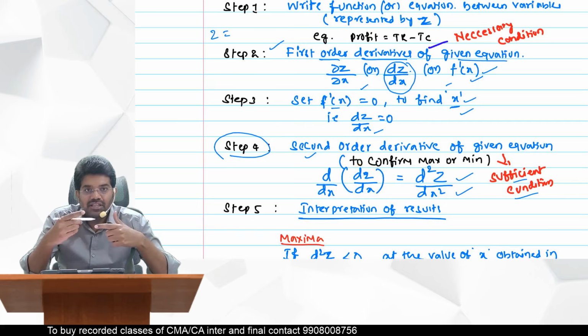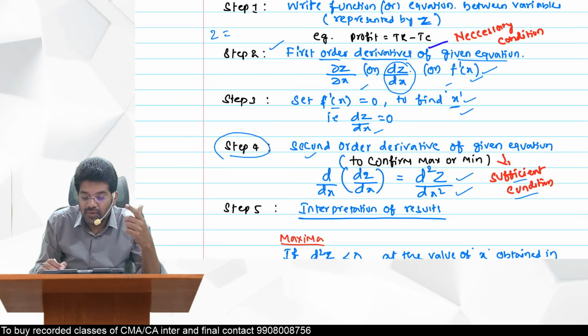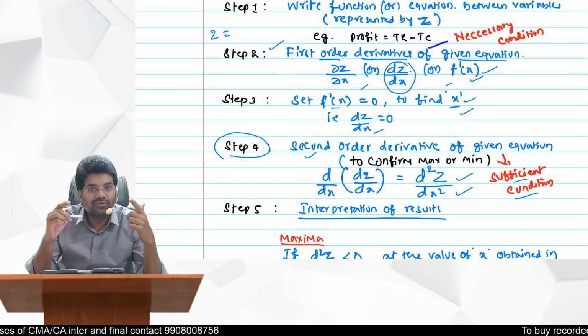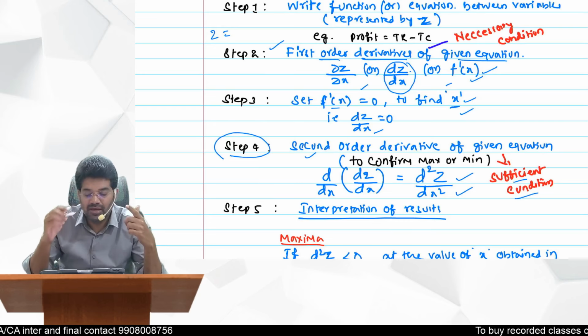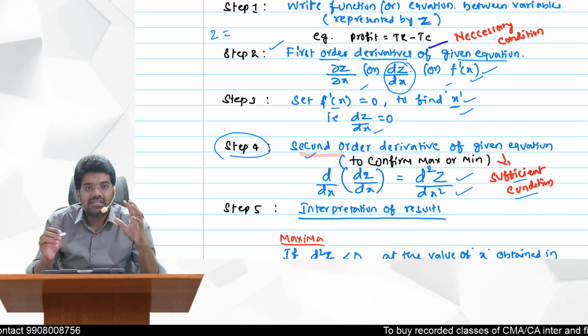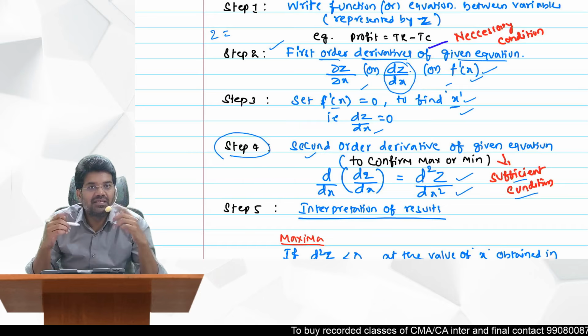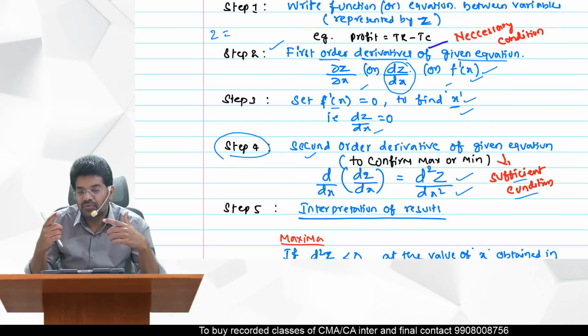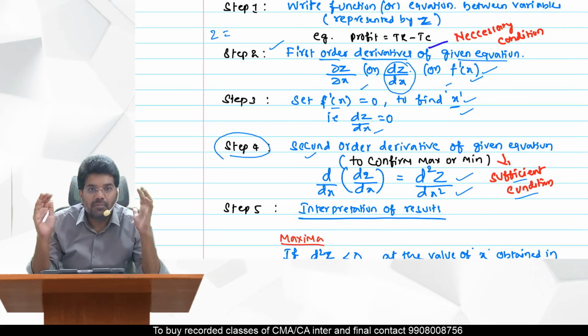Why we are doing this is to confirm whether we got maxima or minima. To confirm that, we have to apply the derivative a second time.